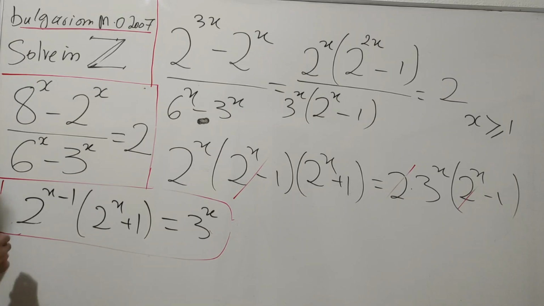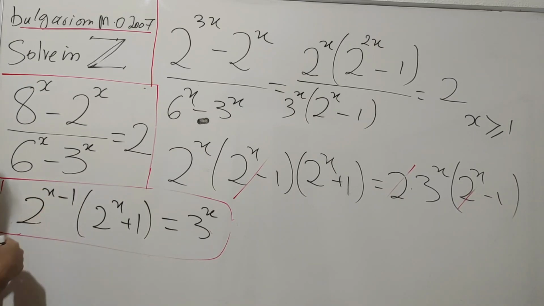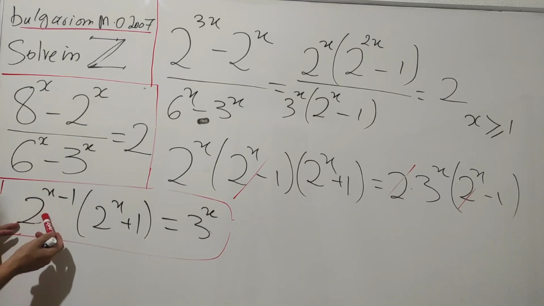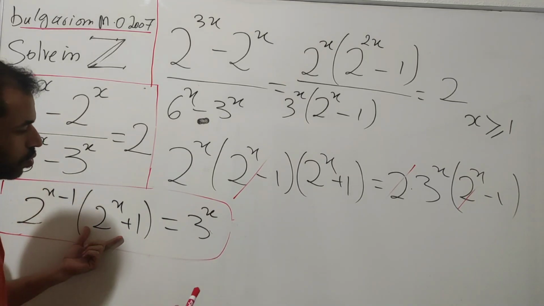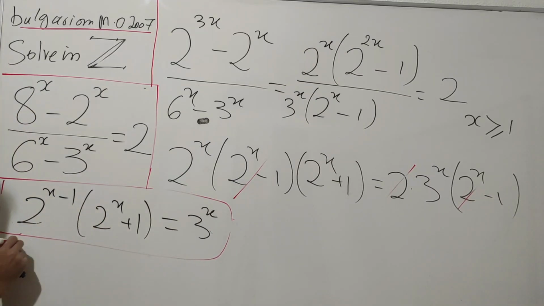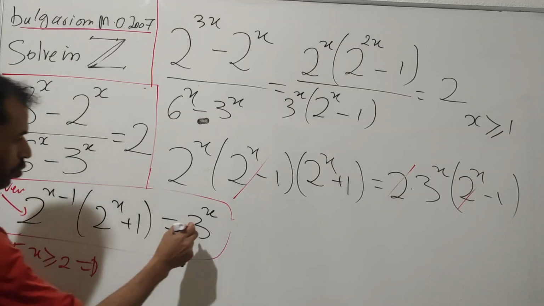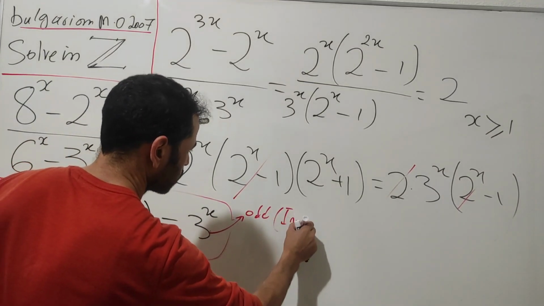So if x is greater than or equal to 2, not 1, because if x equals 1 here, it will have number 1 here. We'll be left with an odd integer, which is okay. But if x is greater than or equal to 2, this one becomes even, but this one is odd, which is impossible.